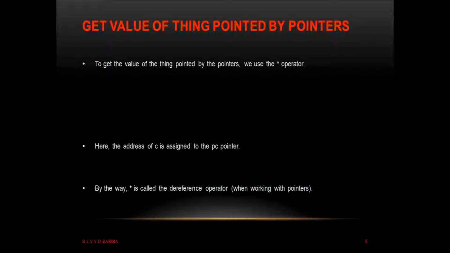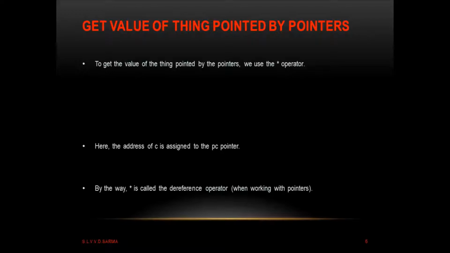So we are going to get the value pointed to by the pointer. To get the value pointed to by the pointer, we use the asterisk operator. This asterisk operator we call the dereference operator.